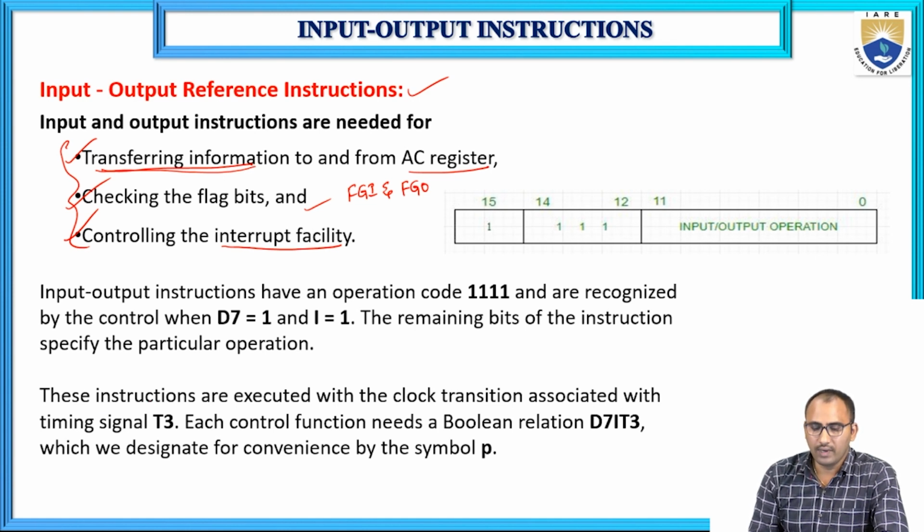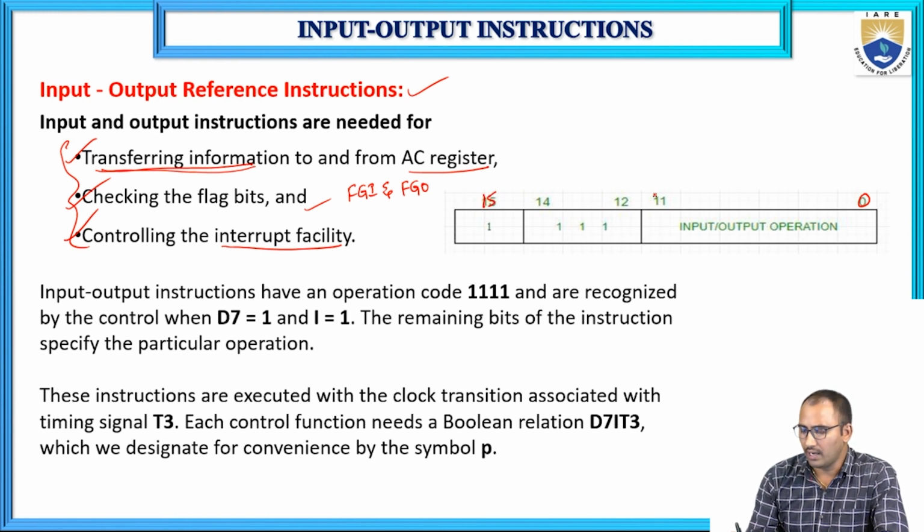Okay, so how can we determine the input and output instructions? For that, it is based on the opcode bits of the instruction. If you look into the instruction, it contains 16 bits, 0 to 15.